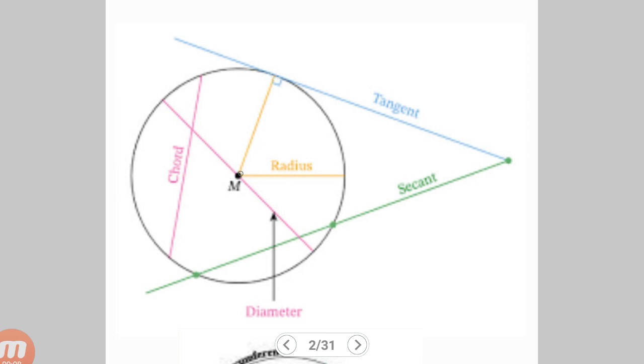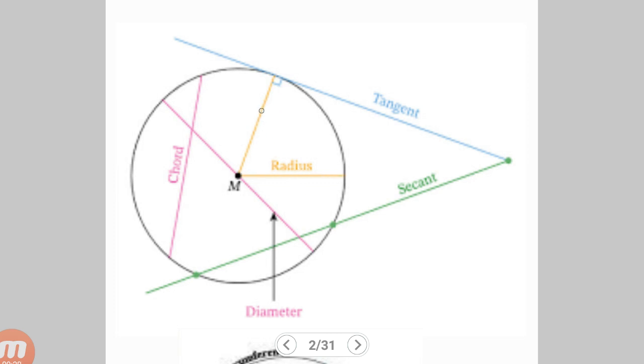All right, and as I said before in the definition, this yellow line here pretty much confirms what the radius looks like. It's a line that is drawn from the center to the circumference. All right, and we have one here and we have one here. Okay, so that's the radius.